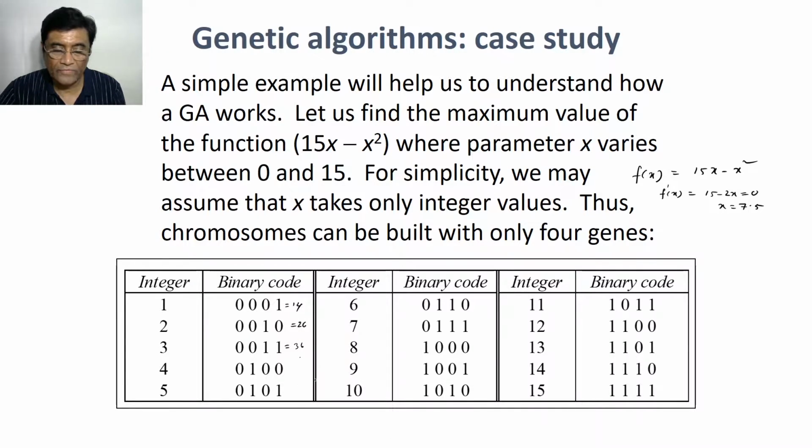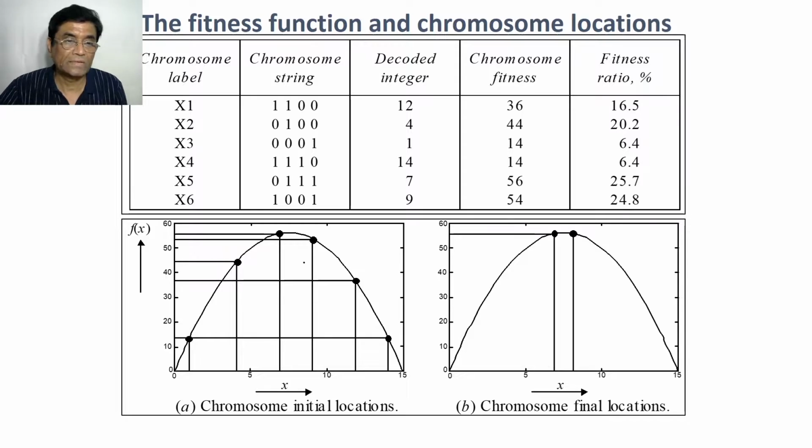So you can calculate fitness value for each chromosome, and now you will have to determine how many chromosomes you will take. That is again your decision. So let us assume that we have decided to take 6 chromosomes, and out of 15 chromosomes, what are the 6 which you should select?